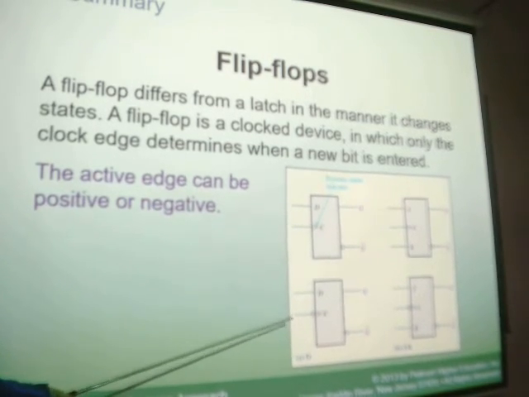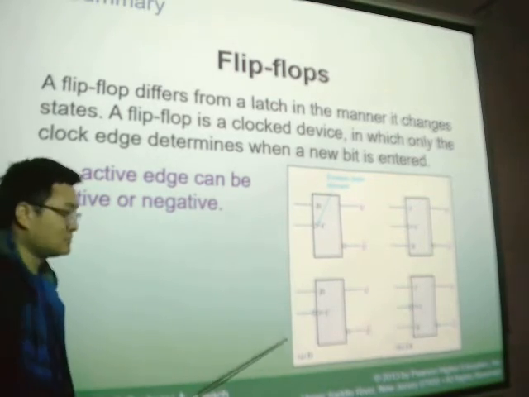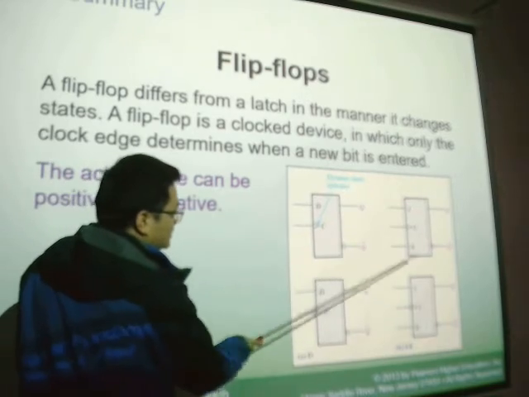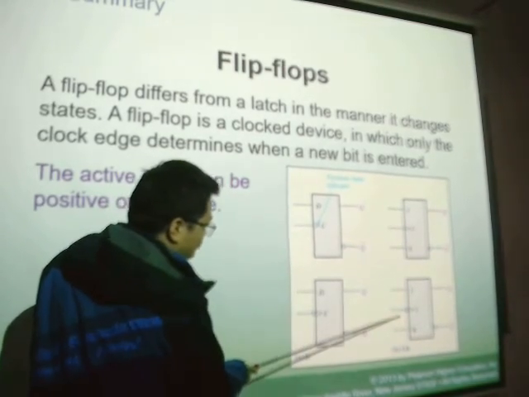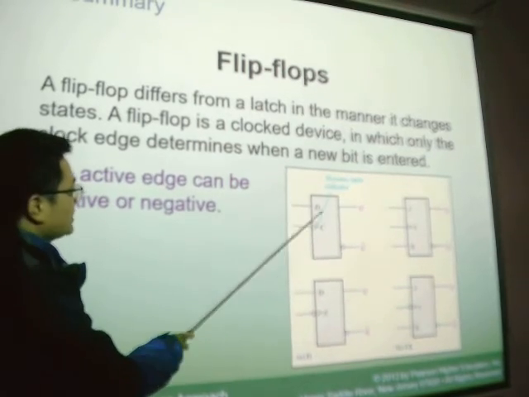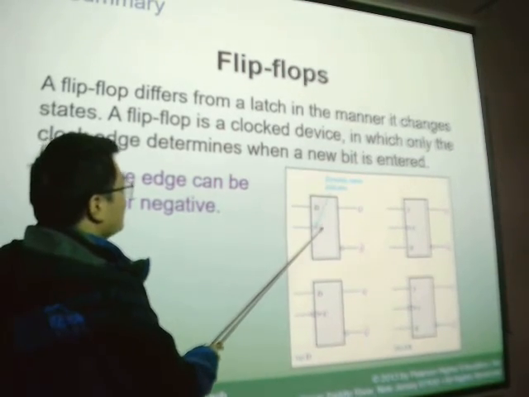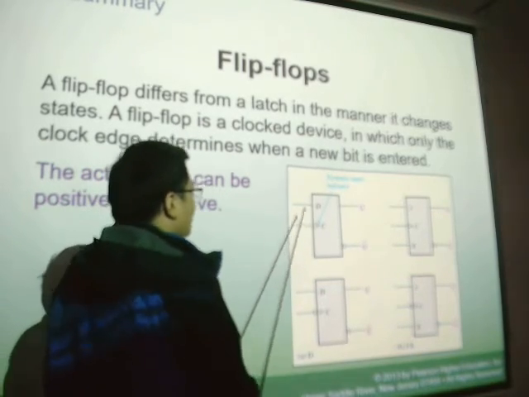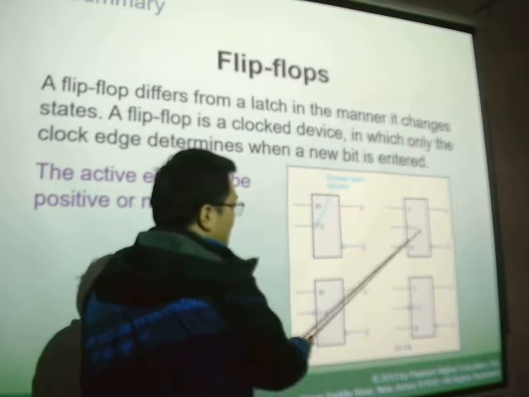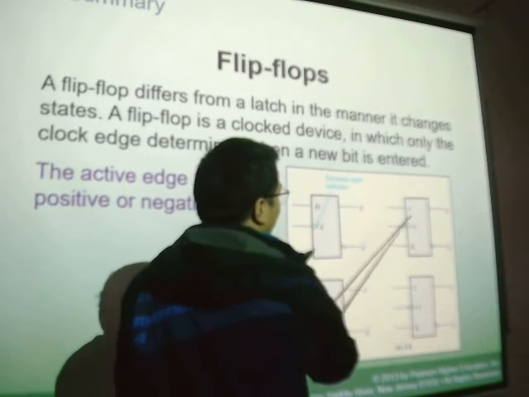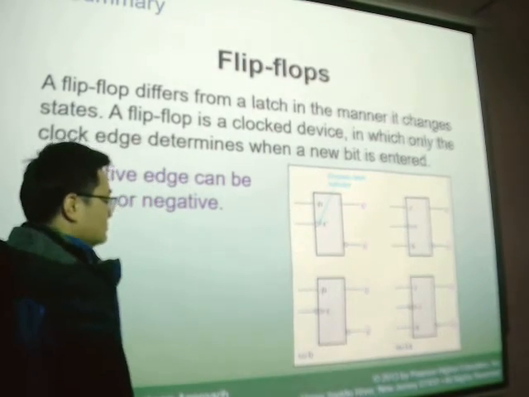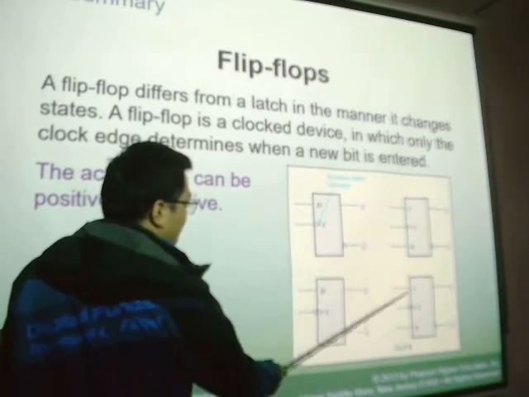The active edge is negative. So you must remember positive edge, negative edge. And this is called a D flip-flop. And this is called a JK flip-flop.